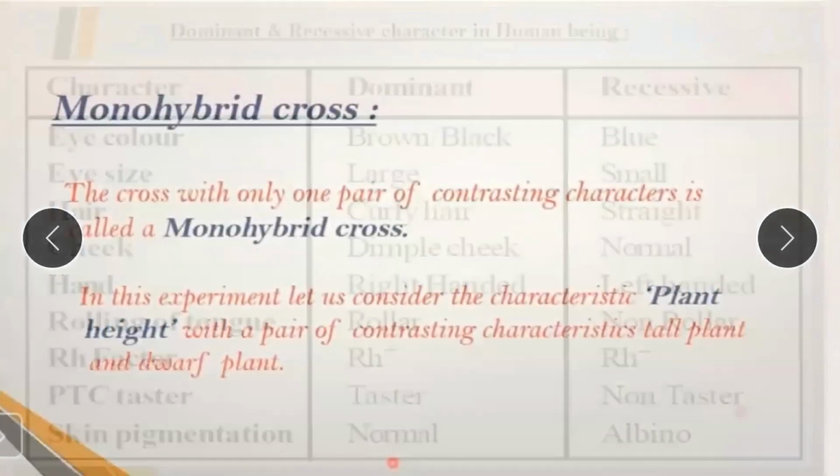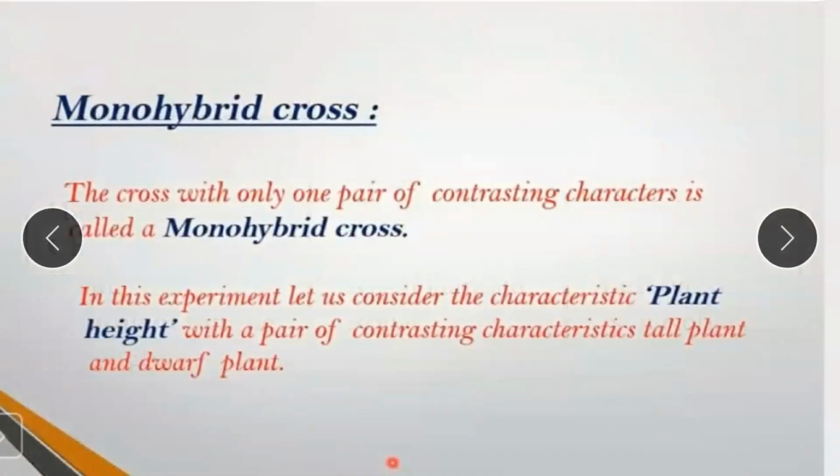Now, moving further to the monohybrid cross. What is a monohybrid cross? The cross with only one pair of contrasting characters is called a monohybrid cross.